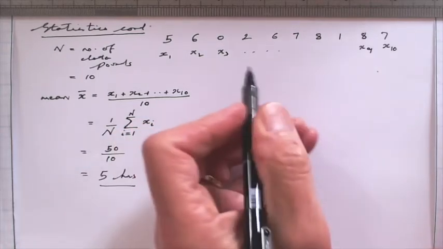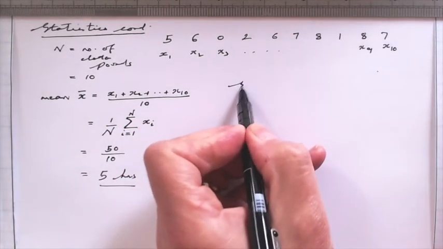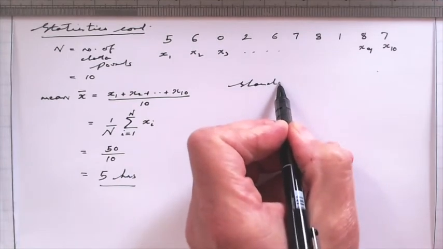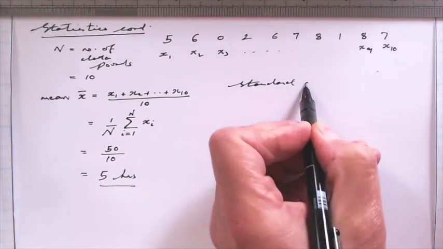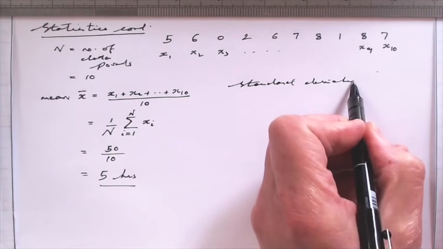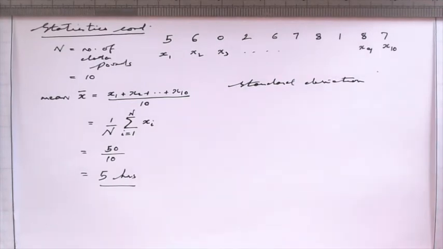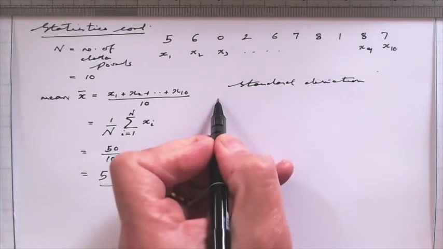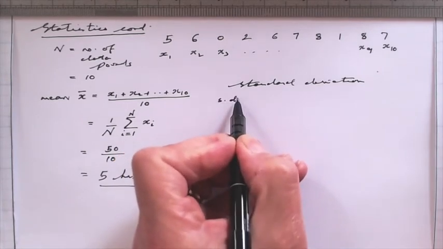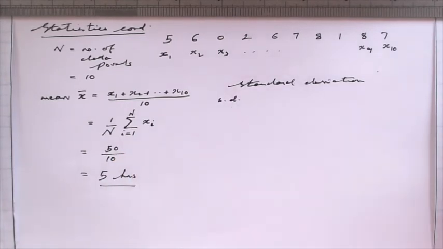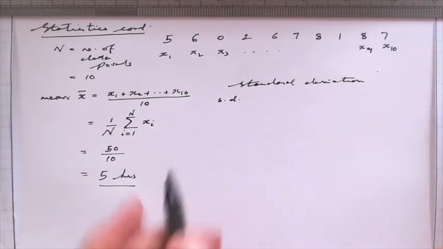Now we have to calculate the variability through something called the standard deviation. Now I'm going to write the formula down for the standard deviation, which is going to scare you, not on purpose, but it probably will look horrendous. But then we'll see that the formula is just really a shorthand for an algorithm, and the algorithm is actually quite straightforward.